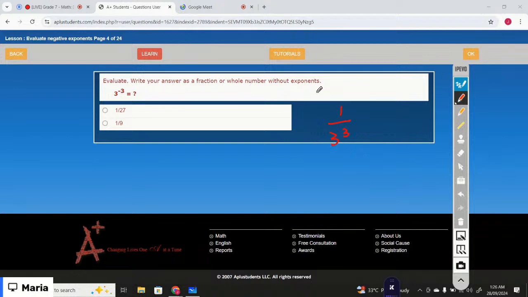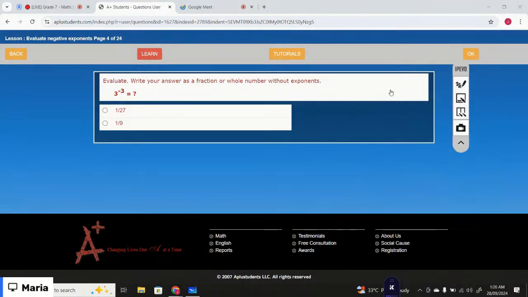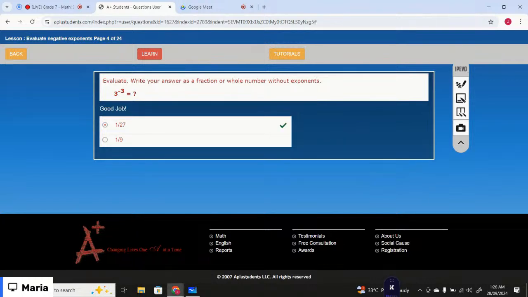That is 1 over 27. Option number 1 is the correct option, that is 1 over 27.